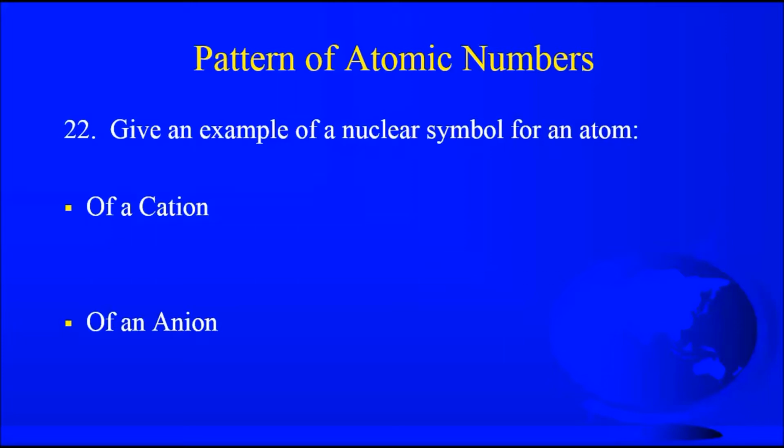What's a cation again? Positive ion. All right, sodium 24, 11, plus 1. That would be a nuclear symbol for a cation. An anion, what's an anion again? Sulfur 32, 16, minus 2.